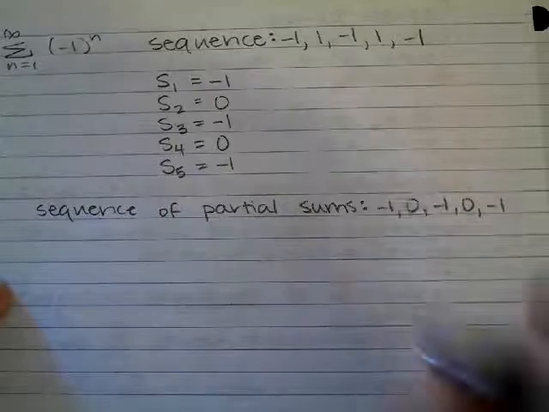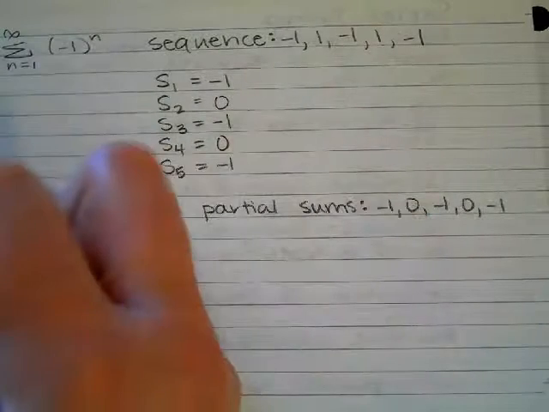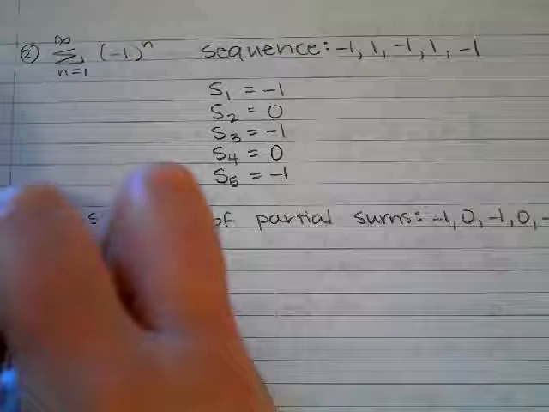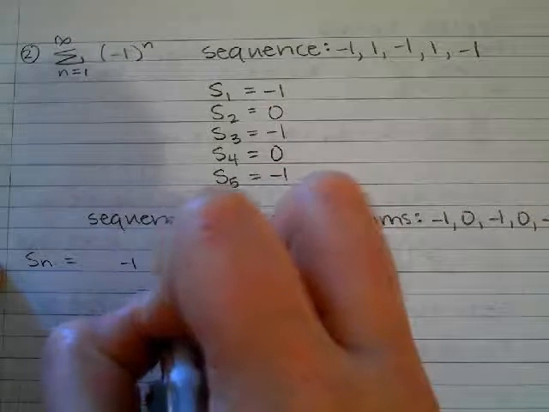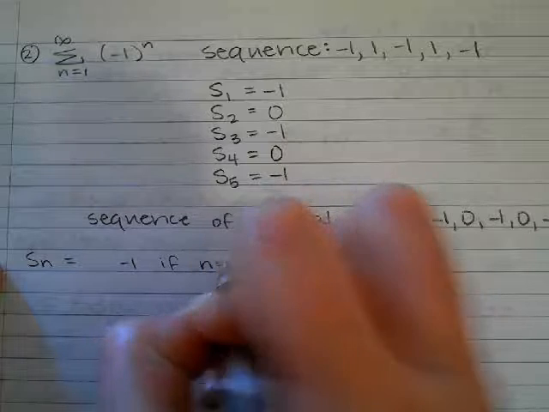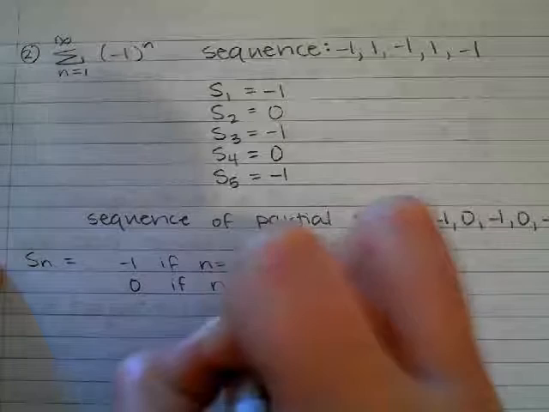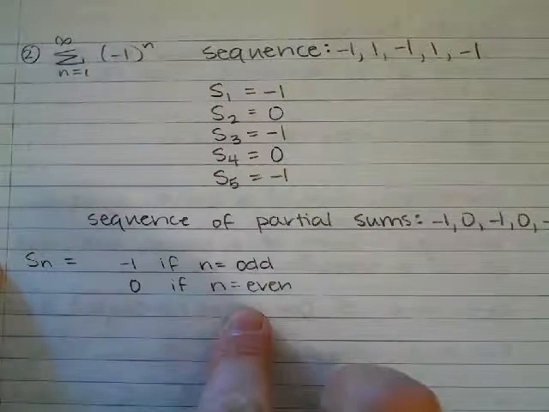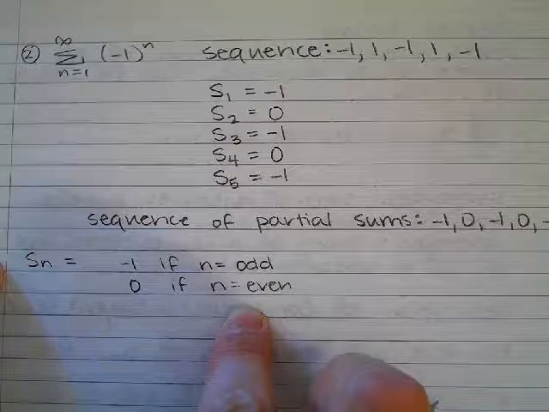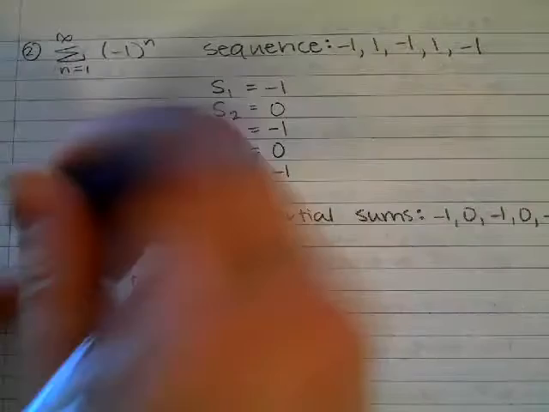S sub n, we would say negative 1 if n equals odd, 0 if n equals even, something like that. So it'd be kind of like a piecewise function, something to that effect. Does that make sense? Are we comfortable with that?